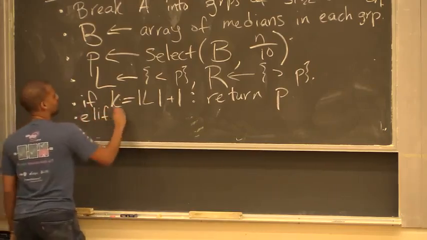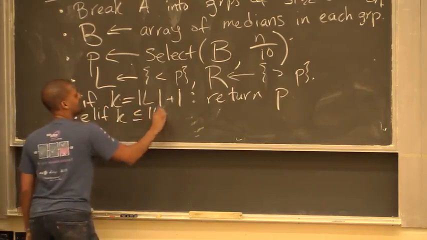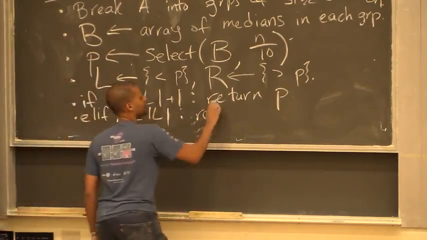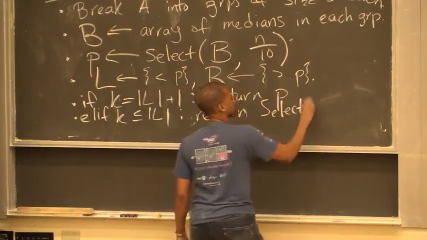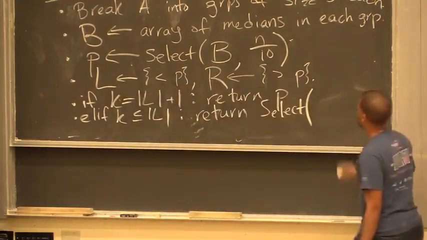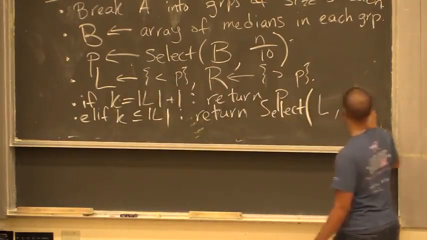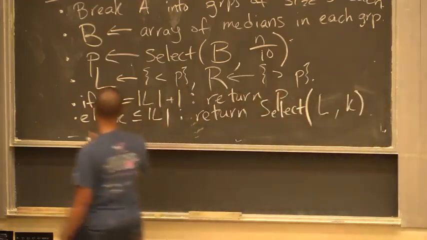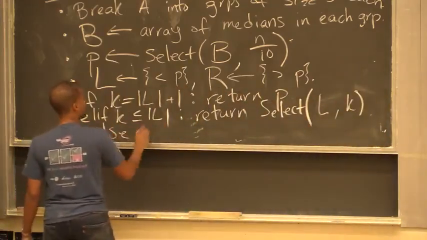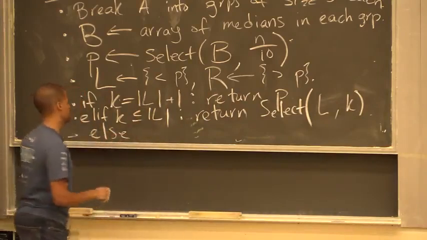Otherwise, if K is less than or equal to L, return select L, K. Otherwise, that means K is bigger than L plus 1.